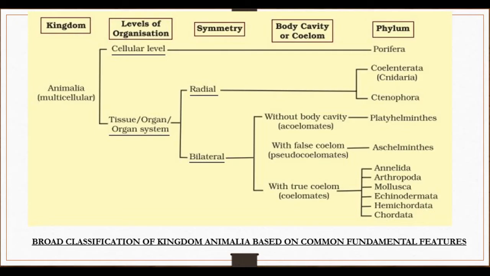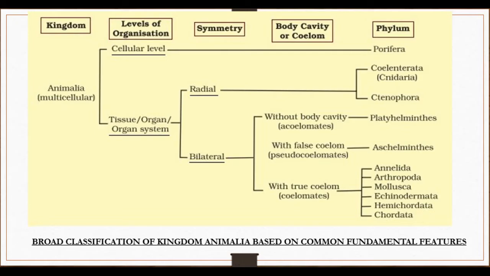That is, there are common fundamental features that we have already learned: the level of organization, symmetry, body cavity or coelom, and phyla. In the level of organization, we have learned the cellular level, then the tissue, organ and organ system levels.